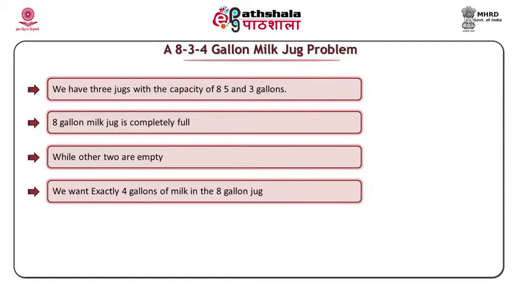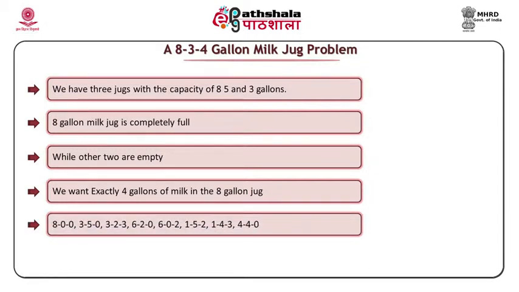We again do not have any measuring device with us. And exactly, you can see on the slide one solution which begins from 800. Now that is the representation. 3 integers, the simplest representation of this particular problem. And you can see that at the end what we have is 440. That means 4 gallons of milk in the 8-gallon jug.